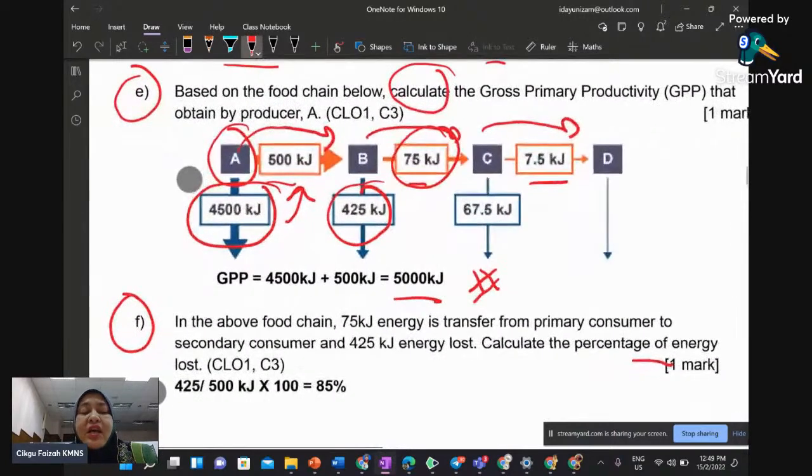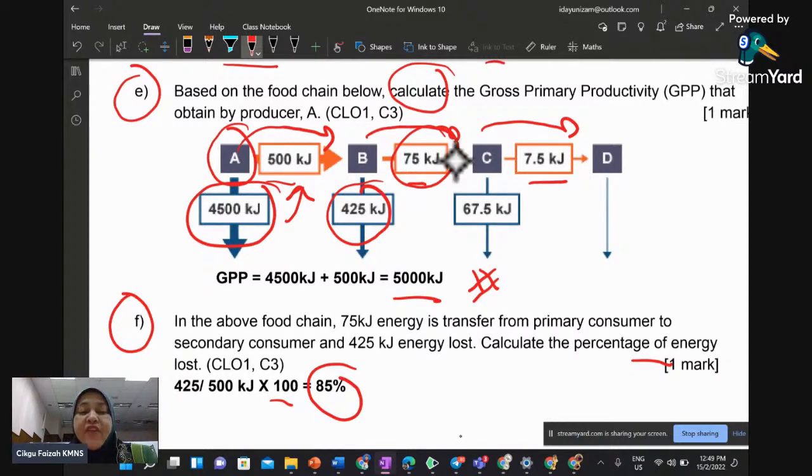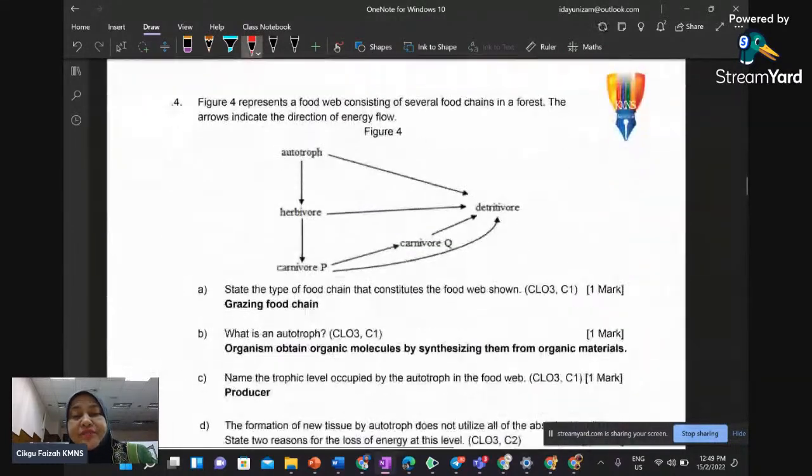It's easy. 425 divided by the total amount earlier, the 500 kilojoule, times 100. So 85% is the total percentage of energy loss from the primary consumer to the secondary consumer. Okay, so this is for question 3.